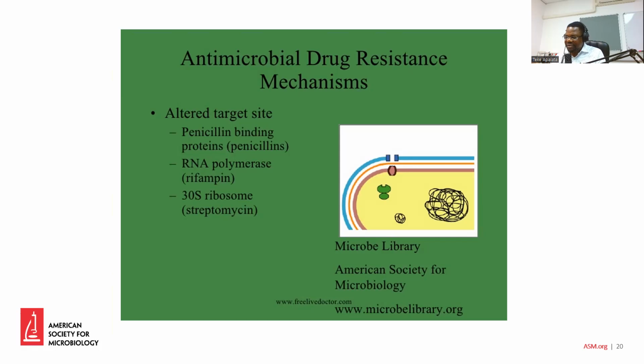Now, when you have a mutation, that mutation will alter that target. That PBP will change. There will be changes in that PBP, and as a result, the beta-lactam that is given will not be able to attach appropriately to that PBP.